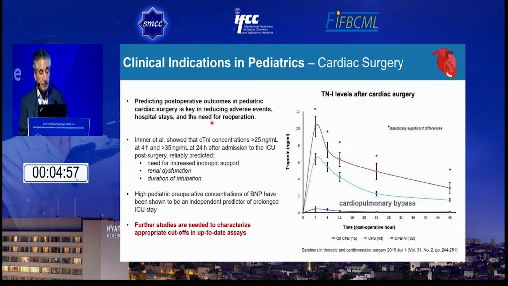Predicting post-operative outcomes in pediatric cardiac surgery is key in reducing adverse events, hospital stays, and the need for reoperation. So measuring cardiac markers in children has been shown to be very helpful. Further studies are needed to characterize the appropriate cutoffs that are helpful in the prognosis of patients after surgery.